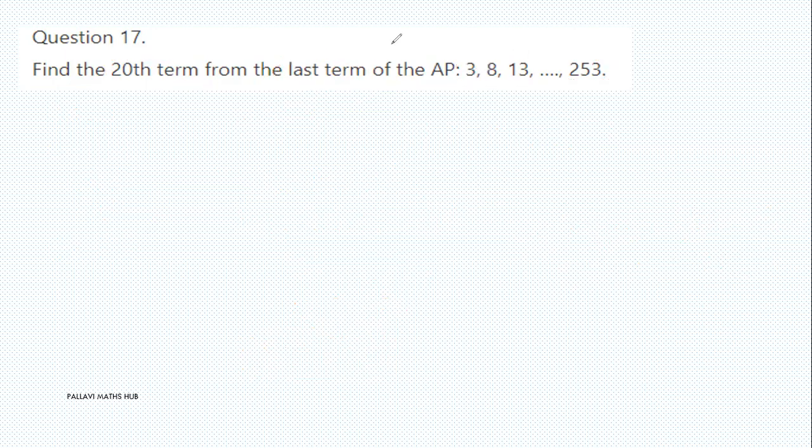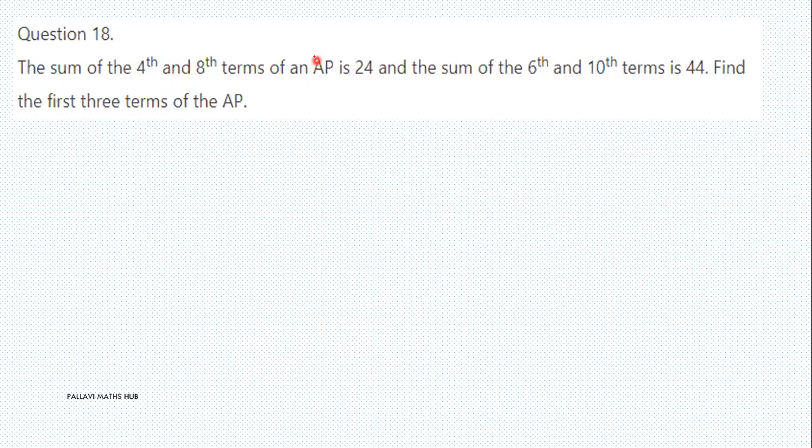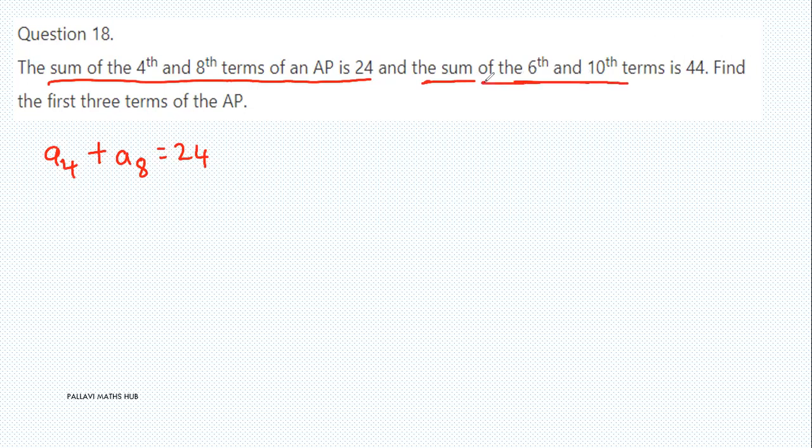Next, 18th question. Here, the sum of the 4th and 8th term of an AP is 24. Sum is what? 4th term A4 plus 8th term A8 is equal to 24. Next, the sum of the 6th and 10th term is 44.